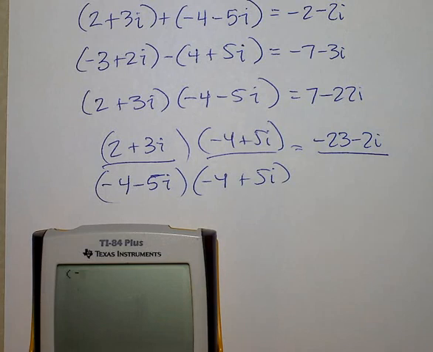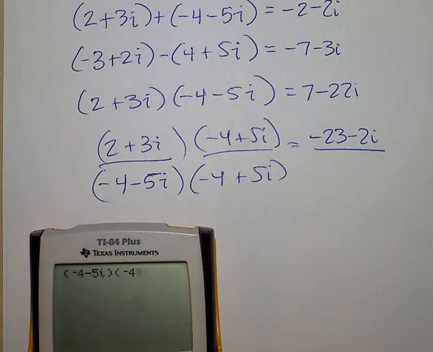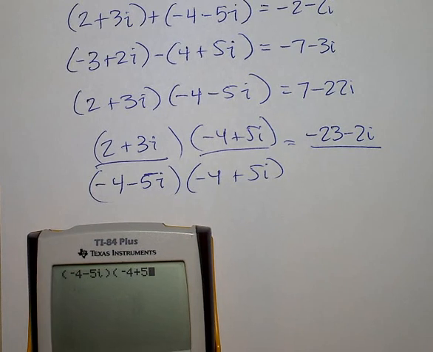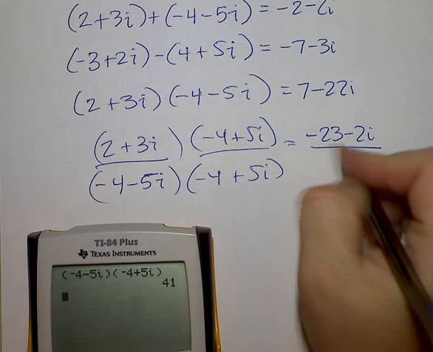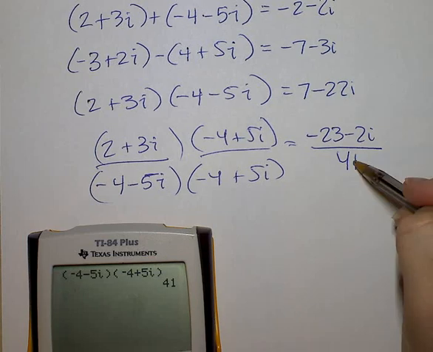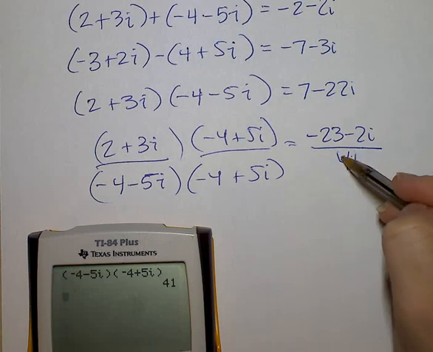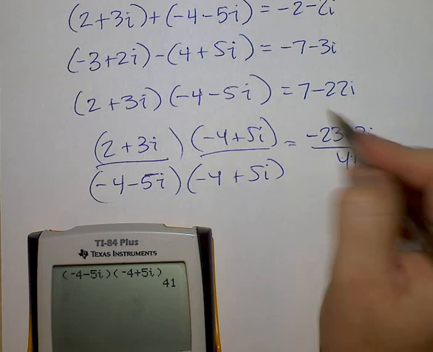And if we did it right, there should be no i's on the bottom here. That's our whole purpose of doing the conjugate, how the two middle terms will cancel out. I asked myself, can I reduce this? Only the number 1 can nicely divide into all three of these, so this is in its final form.